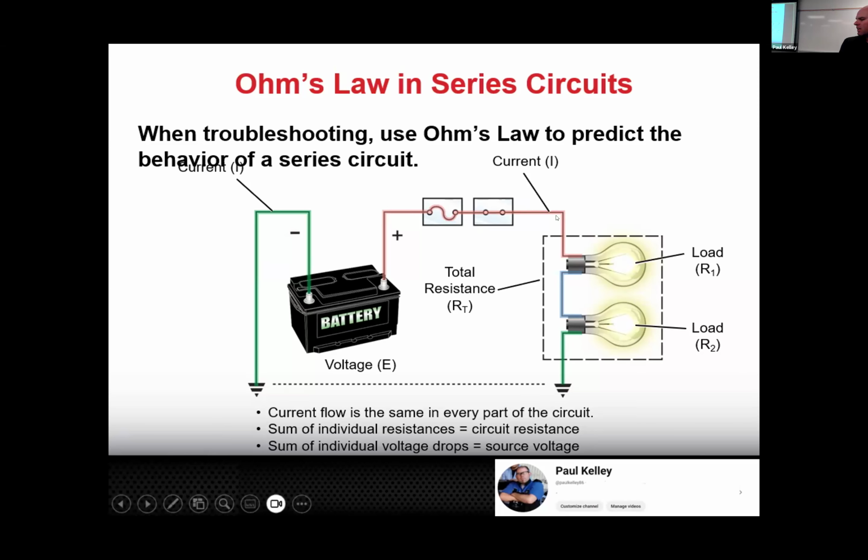Just understanding an unwanted resistance will have an effect. If the bulbs are blown, that would be reason for them not to work. But if we had a bunch of resistance up here, it would make both the bulbs not work, but the bulbs aren't bad, which is why I said, like in the beginning, when you have a car and you don't know what you're doing and the light bulb doesn't work, you put a new light bulb in there.